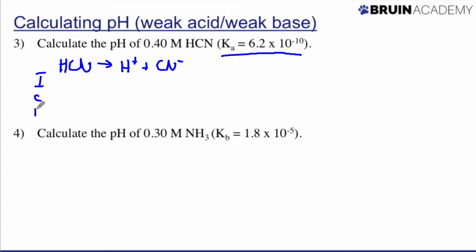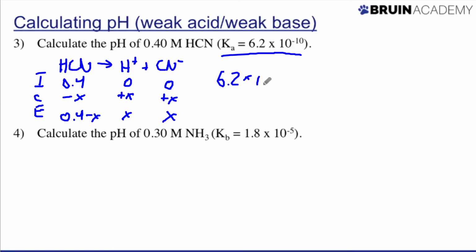So initial, change, and equilibrium. Initially, I have 0.4 molar, 0, and 0 of the HCN, H+, and CN-. I lose some of HCN, and then I gain the H+ and the CN-, so that gets me 0.4 minus x, and an x. I can write my equilibrium constant as the products over reactants, so I can write 6.2 times 10 to the negative 10 is equal to my products all over my reactants.